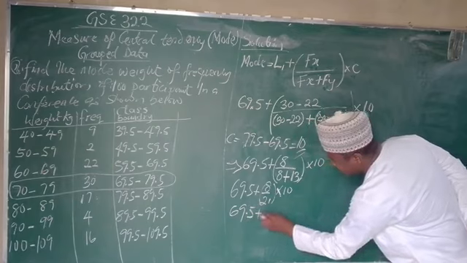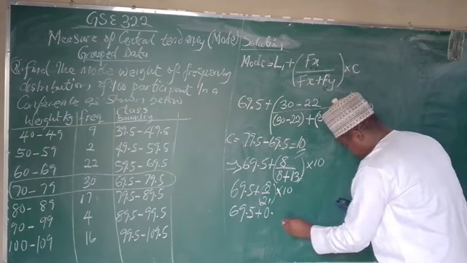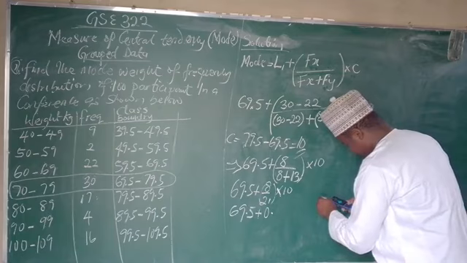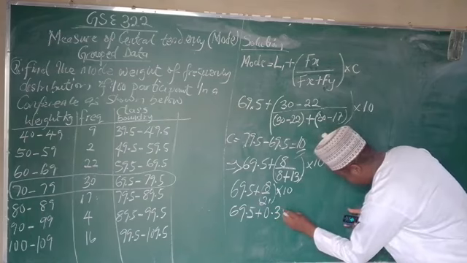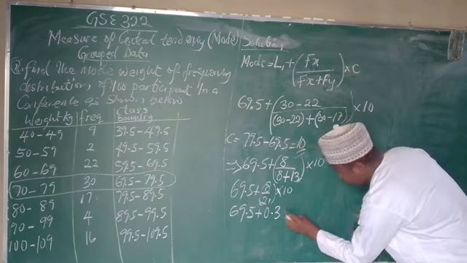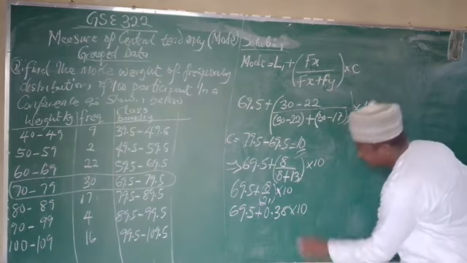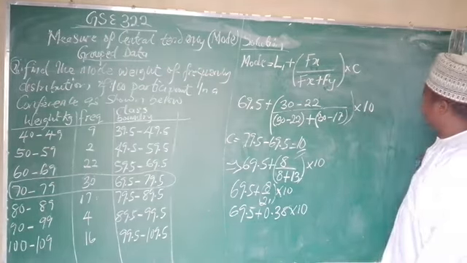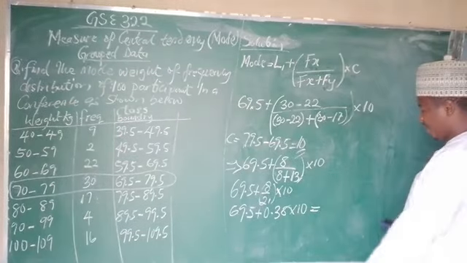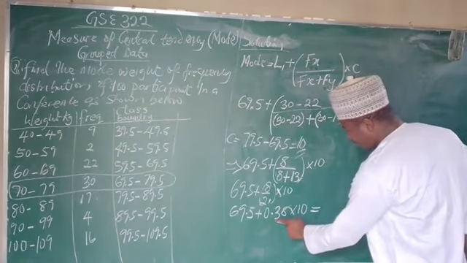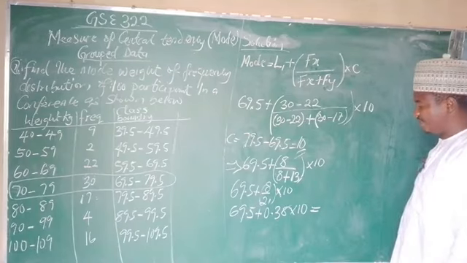So now 69.5 plus 0.38 times 10. Therefore, we say that 0.38 times 10 plus 69.5.